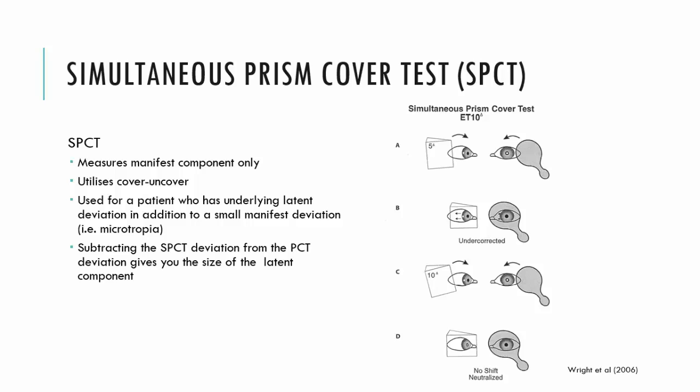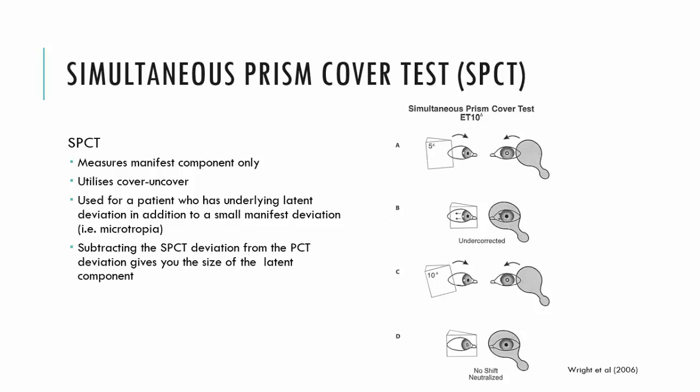And what we're interested in is only looking at the movement under the prism when the cover goes on the fixing eye. Okay? And when you see no movement of the eye under the prism, you've found the size of the deviation. And just as with PCT, you can move into overcorrection and reverse the movement, and in this instance we move into having an exo movement, so we'd see the eye going from out to in if we overcorrected.